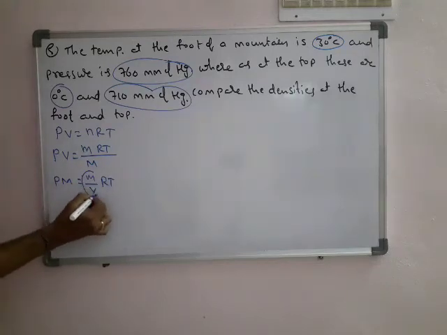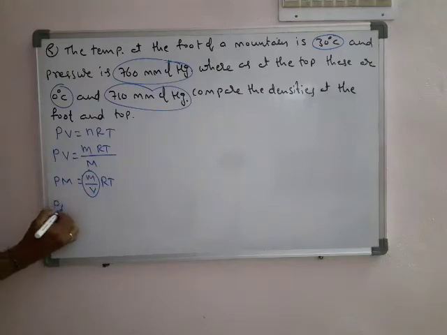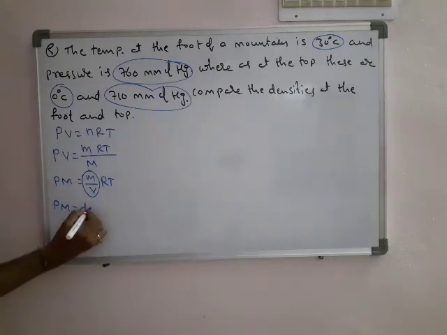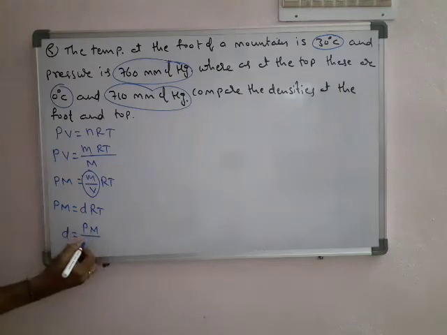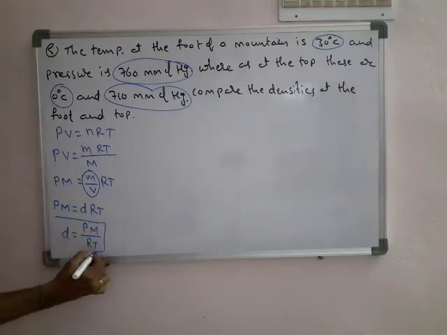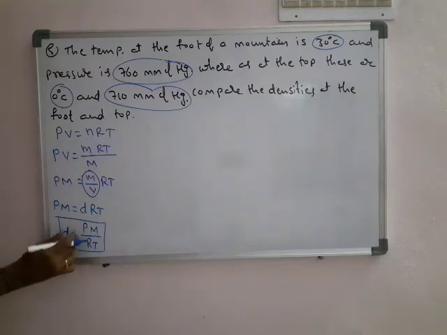What is mass by volume? You know, the density. So PM is equal to dRT. So what is the ideal gas equation in terms of density? If you remember, we can directly write it in the problems: density is equal to PM by RT.